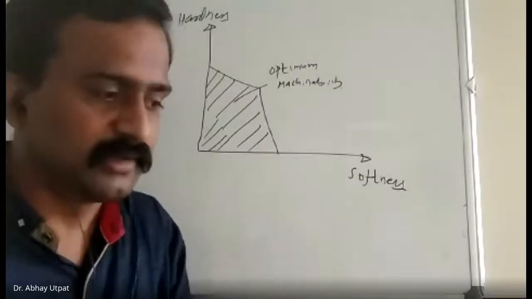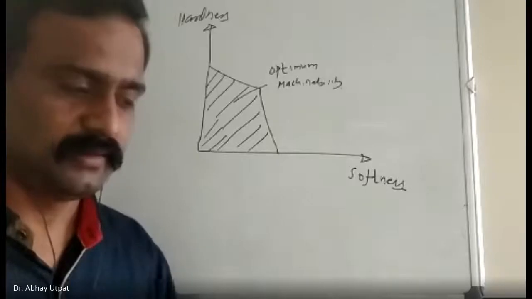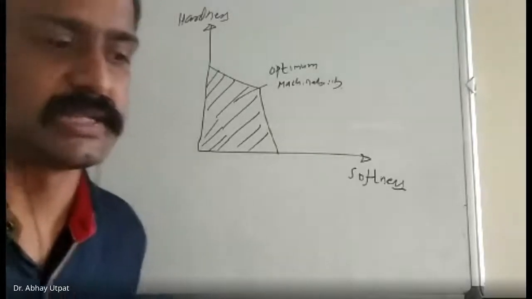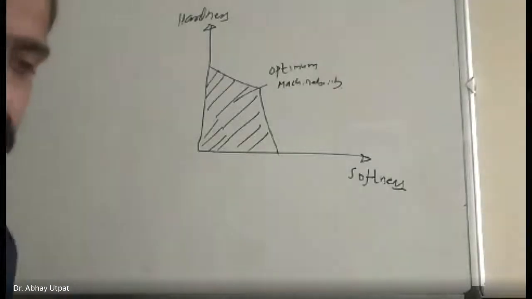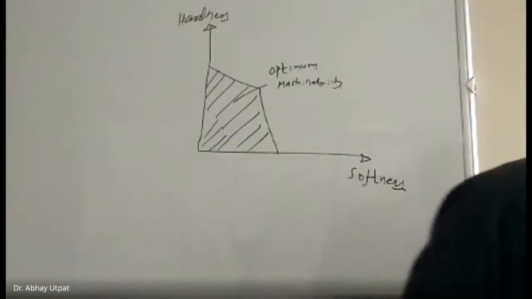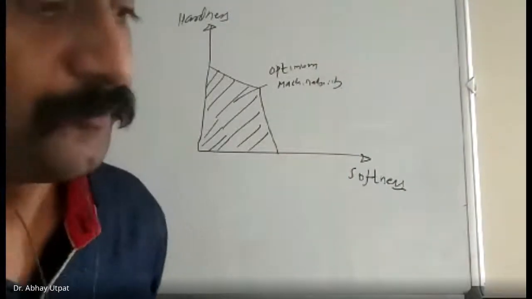So here write full annealing plus 50% spheroidization. I will explain what is spheroidization. That's why I have taken this table.